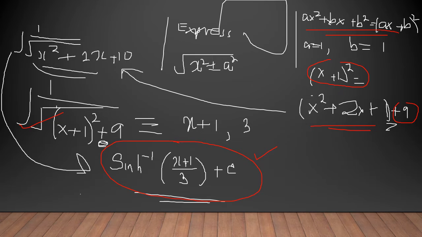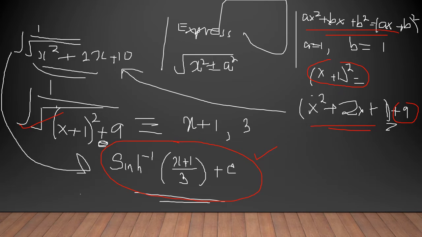When we do this, remember we normally come up with this general form of the quadratic: a squared x squared plus 2bx plus b squared.